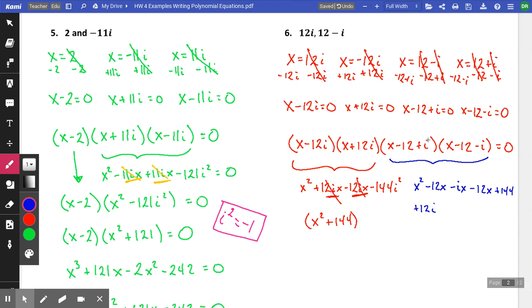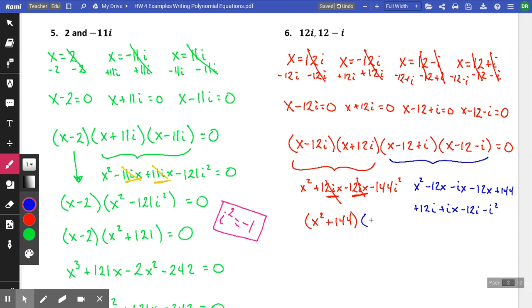Okay, and lastly, we need to multiply the i over here to the other factor. So i times x is positive ix. i times negative 12 is negative 12i. And i times negative i, that's negative i squared. So let's go ahead and combine terms here.